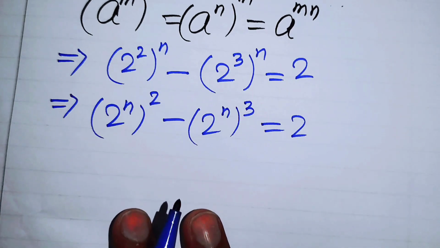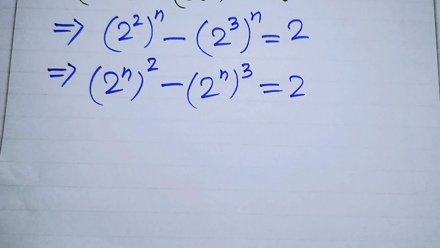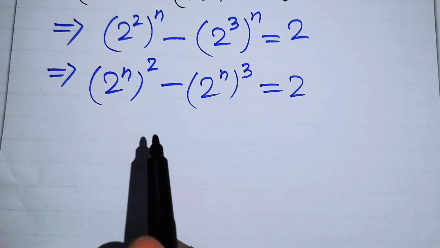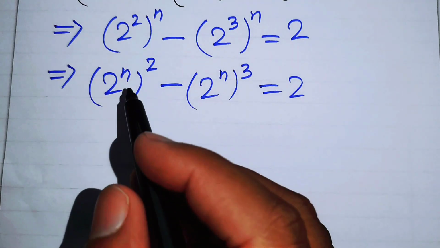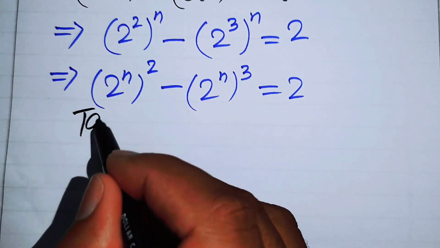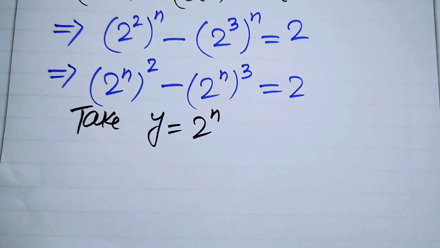And now we need to simplify this equation, or convert this exponential equation into the cubic form, so I can just take y equal to 2 to the power of n.